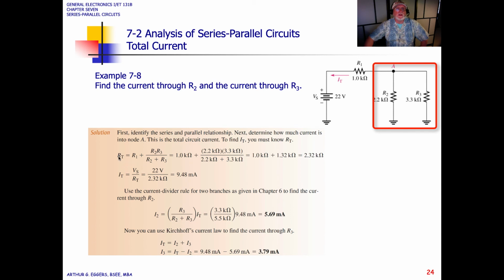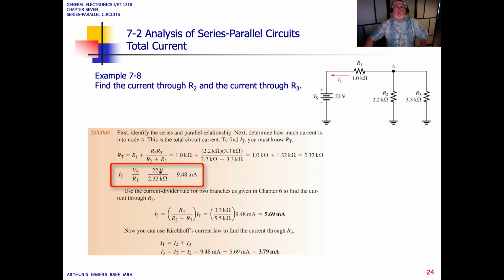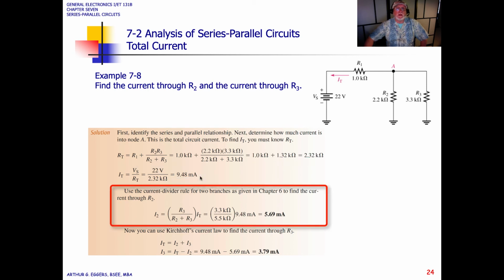So the total resistance is R1 added to the product over the sum: 1 kilohm plus the product over the sum is equal to 2.32 kilohms, the total equivalent resistance for this circuit. Since I know 22 volts is the source voltage and 2.32 kilohms is the total resistance, I can solve for the total current and I get 9.48 milliamps.